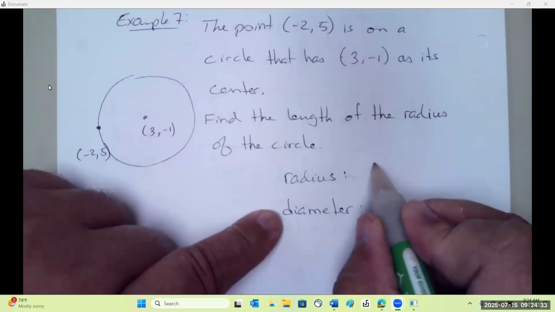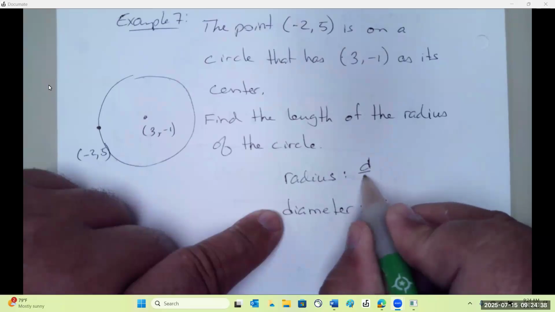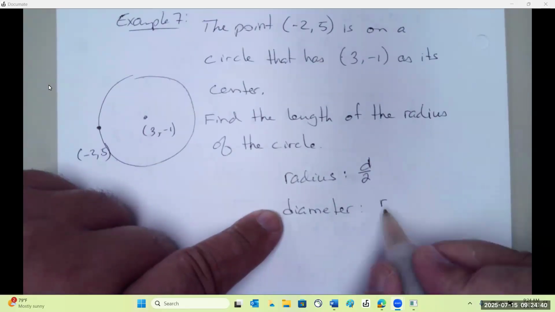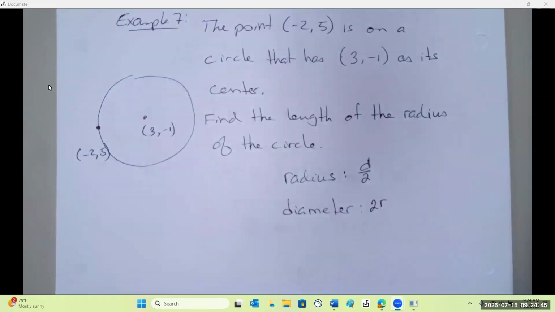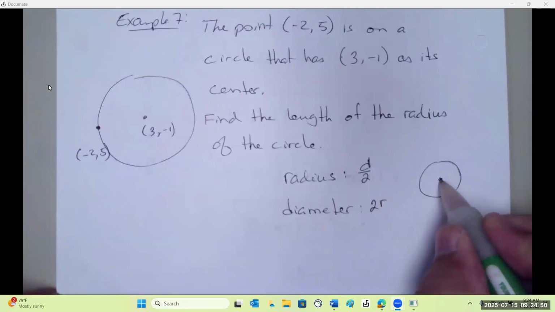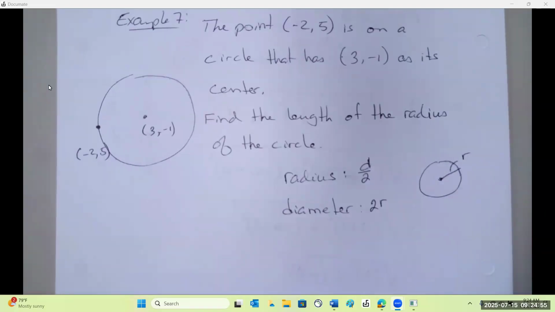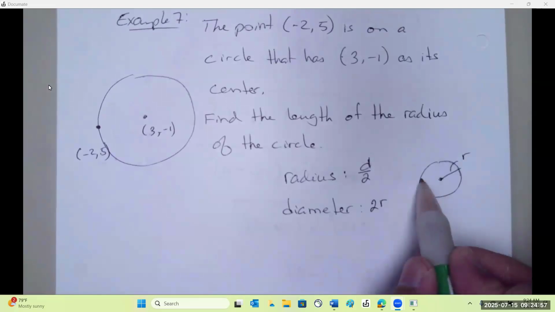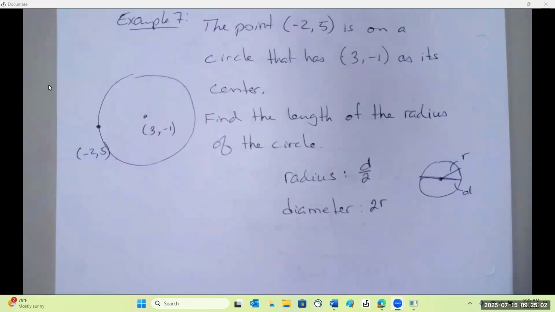Radius is half the diameter, or the diameter is twice the radius. Here's the center. The radius is a spoke of a bicycle tire. The diameter is how wide your tire is. So if you ever go buy an inner tube for your bicycle, you have to know what the diameter is.